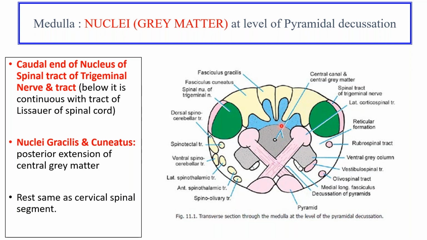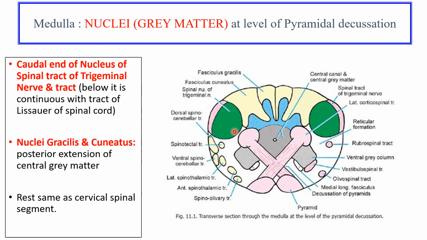So the receding levels of both nuclei will start to appear, and the caudal end of the nucleus of the spinal tract of the trigeminal nerve and its tract will be seen. Below, it is continuous with the tract of Lissauer of the spinal cord.